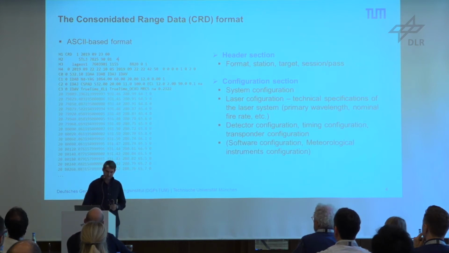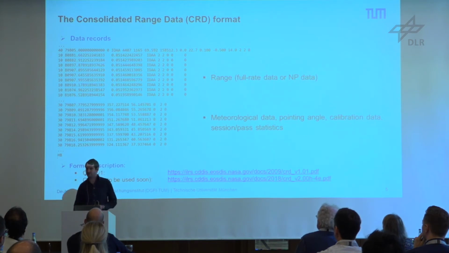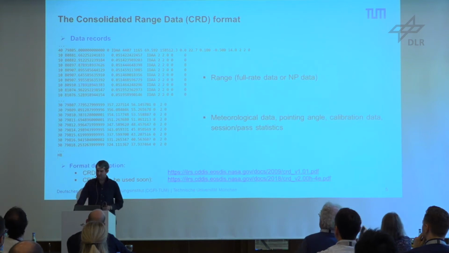Below this, the lines starting with numbers, which you see here in gray, contain the actual data. These data records contain, of course, firstly the range in full rate data, or afterwards in normal points, and some additional information that you might need for data processing, like meteorological data, the pointing angle of the laser telescope, the calibration, and so on.